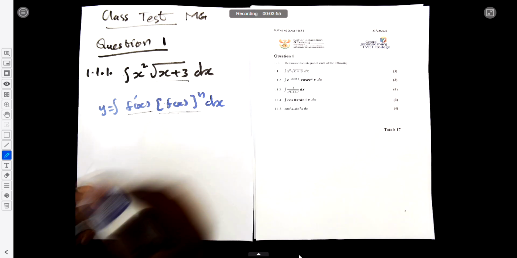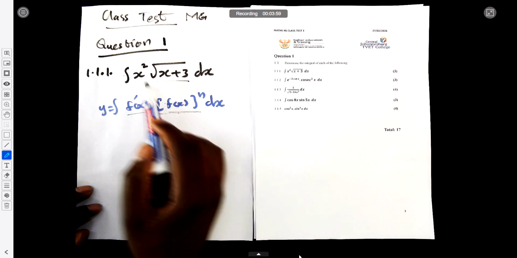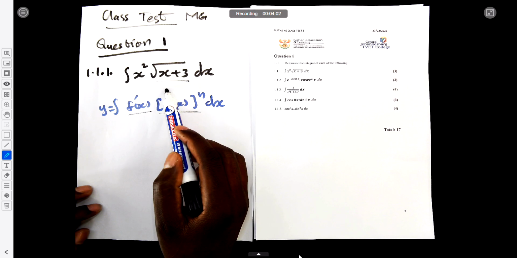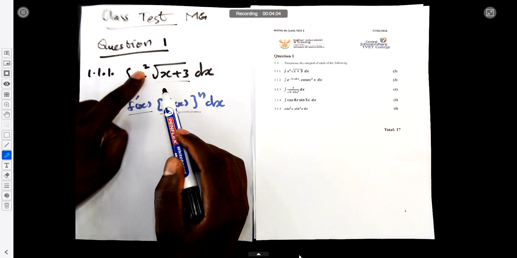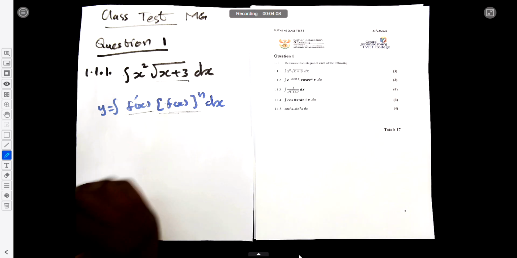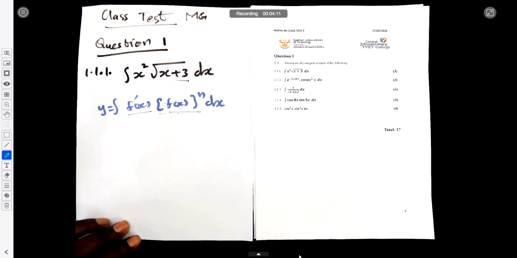So now we're going to inspect first of all. We know that by all means, something outside the square root cannot be derivated to give the square root. We cannot derivate x to the power of 2 and get this. But in disguise, we can try and derivate something inside the square root and get something outside.